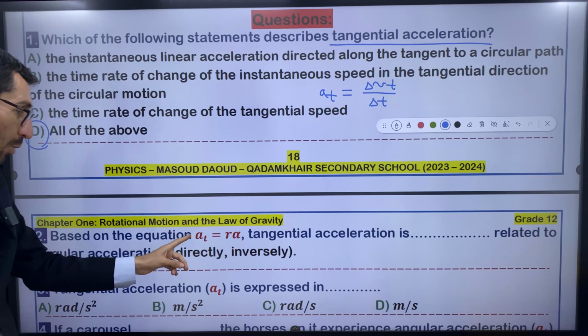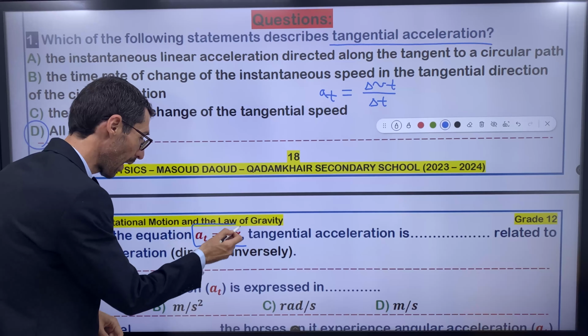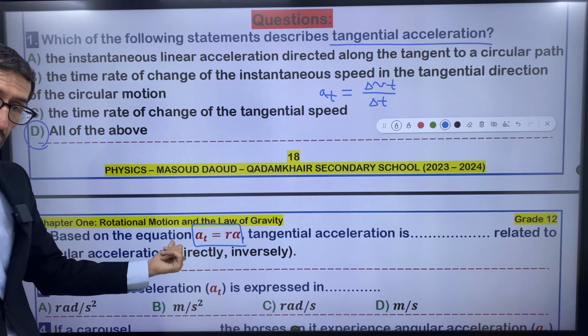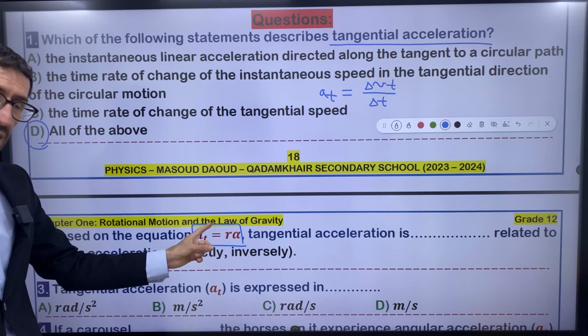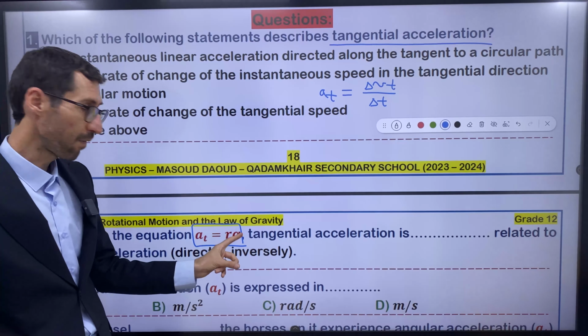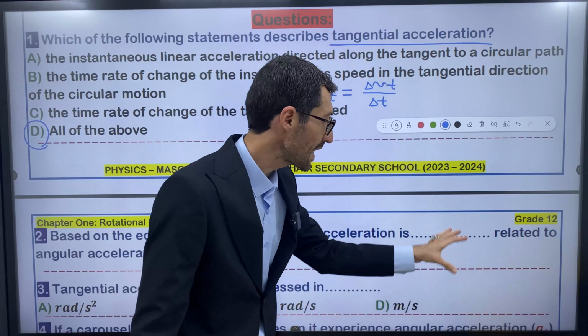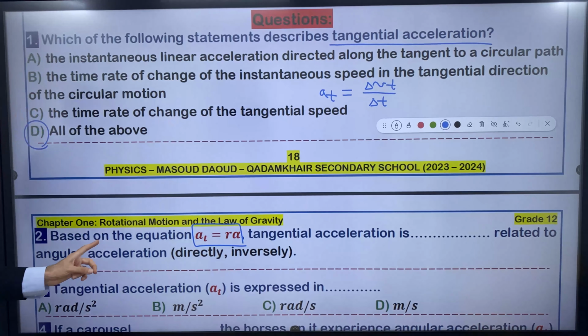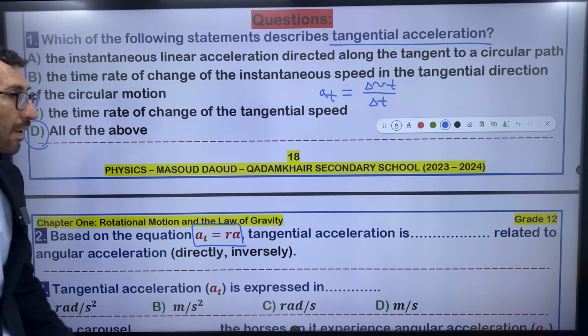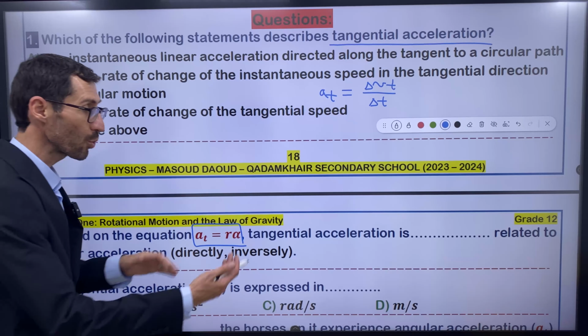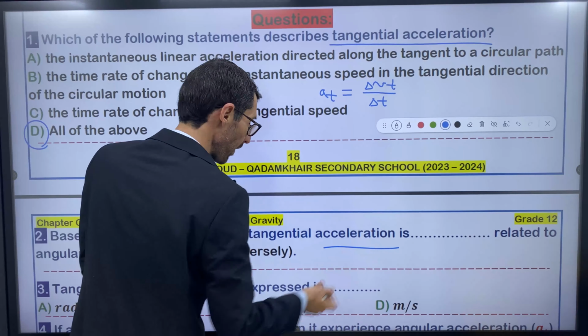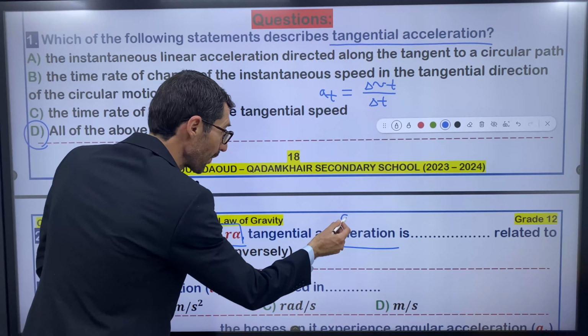Based on the equation, we have this equation, AT equals R alpha. Tangential acceleration is equal to radius times alpha. Tangential acceleration is related to what? Related to angular acceleration. We have a gap here, and we have to fill it; tangential means AT.